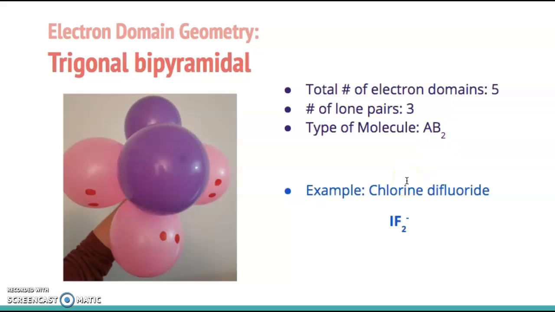An example of a trigonal bipyramidal electron domain geometry with 3 lone pairs would be chlorine difluoride. Oh, I'm sorry, that's supposed to be iodine difluoride. So we would have iodine in the middle, 2 fluorines here, and then 3 lone pairs of electrons.